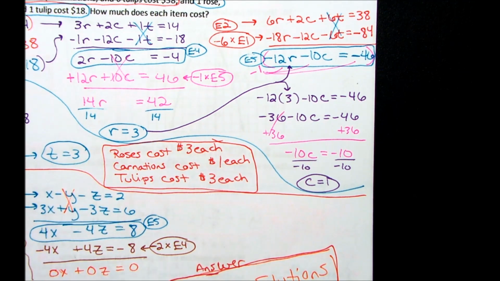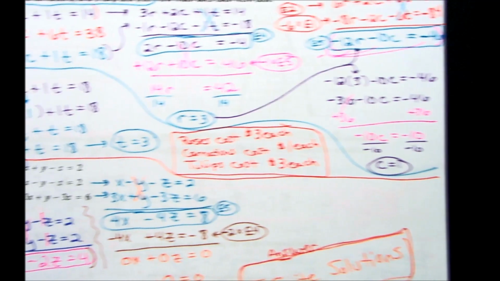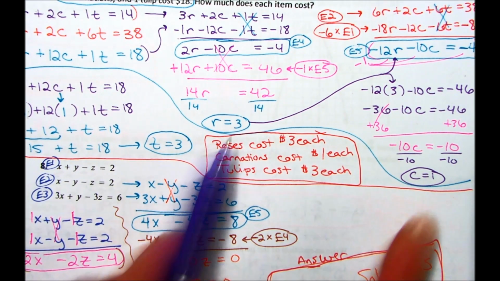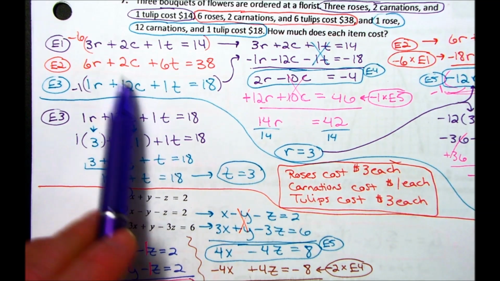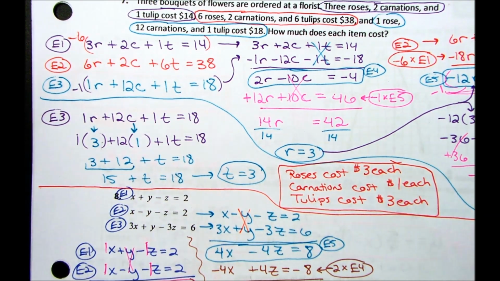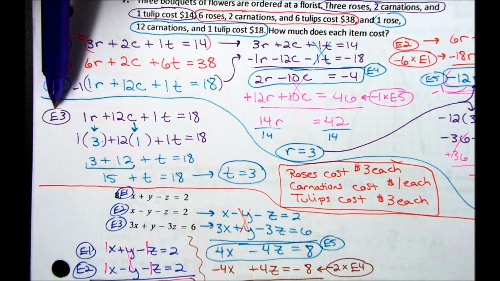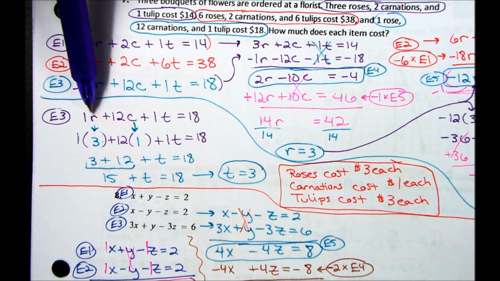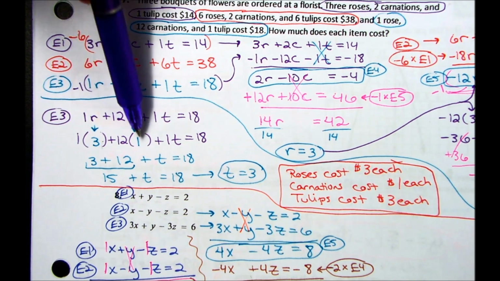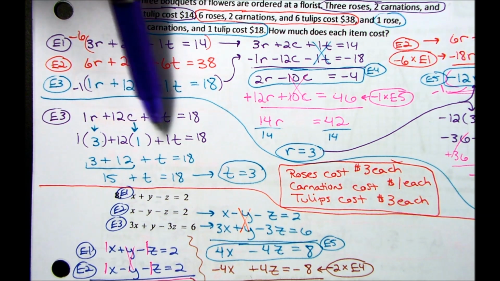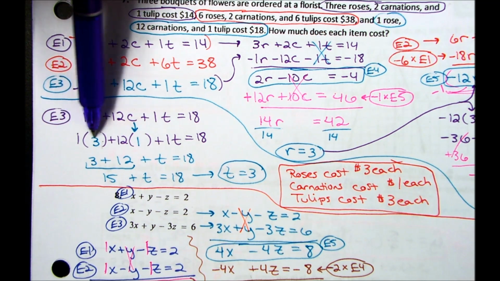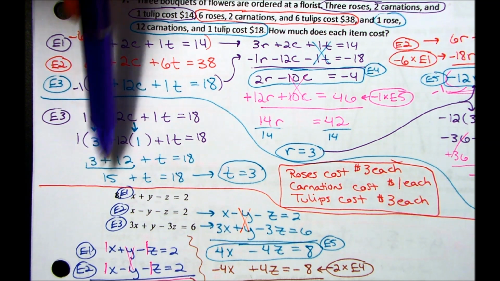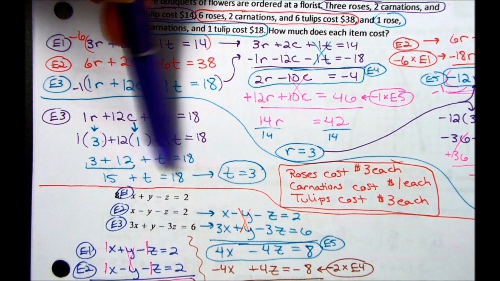So you can see it is going to end up being 3, but let's make sure you understand how. Once you've solved for two of your variables, you can then go back to one of the original 3 equations. So I chose equation 3, and you can see I wrote it in here, but I'm going to now substitute 3 for r, 1 for c, and then multiply first, which gives me 3 and 12, combine like terms, which gives me 15, plus t equals 18.